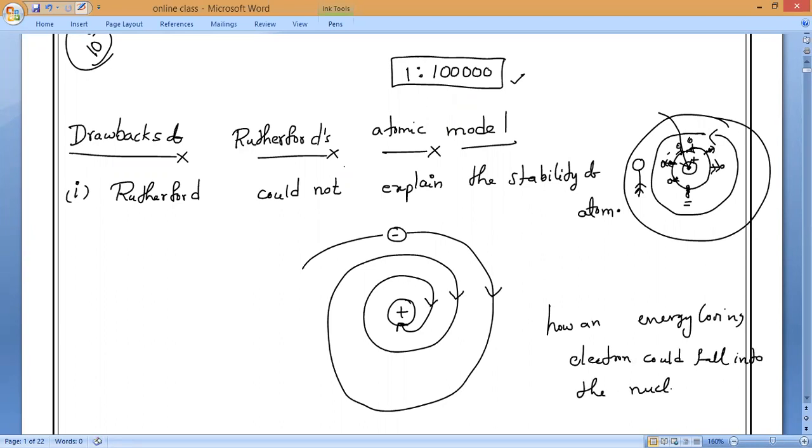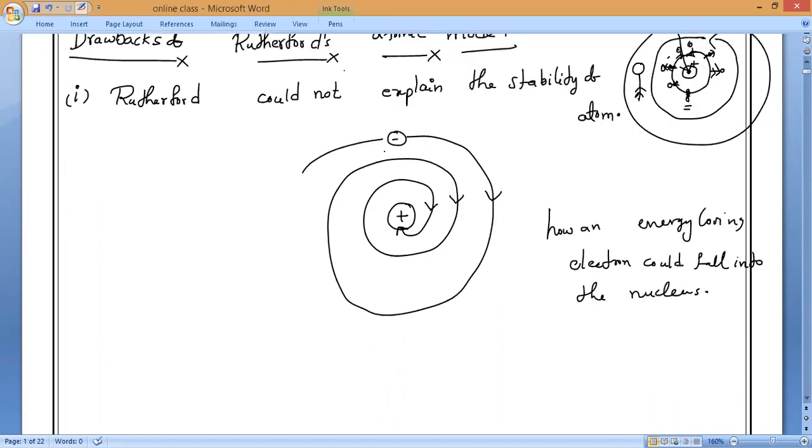But is it taking place? Actually, it has to be done like this. Electrons should fall into the nucleus after revolving, but it is not taking place. So why is it? He is unable to explain. If it takes place, this is how it will be happening, concentric circles. Is it okay, everyone?